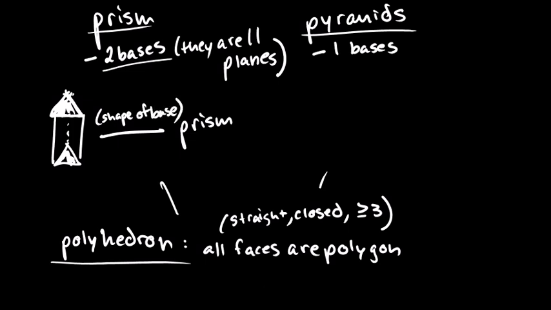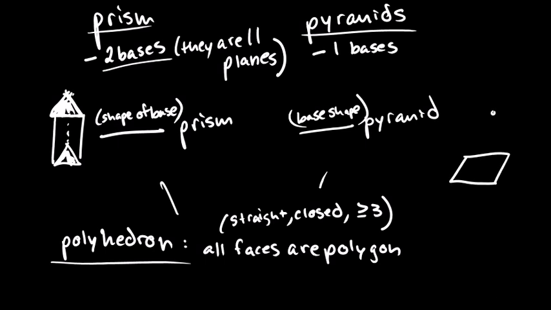A pyramid is named in a similar fashion: a blank pyramid, where the blank is the base shape. I could have a square pyramid, in which the base is a square, or a hexagonal pyramid, which is a little more difficult to draw, and I only have 1 base, down here at the bottom.